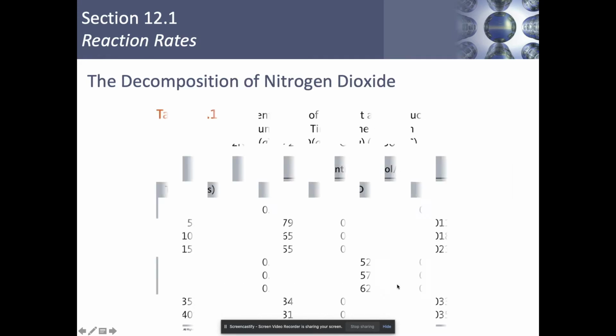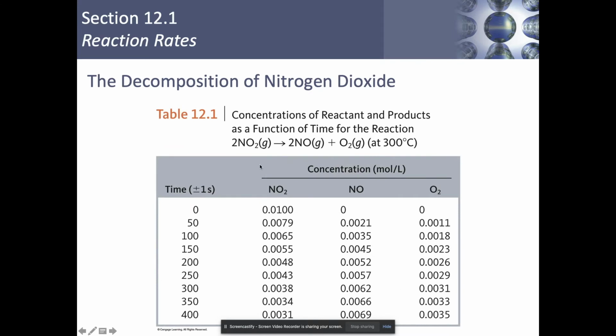So let's look at a decomposition reaction where we're looking at nitrogen dioxide turning into nitrogen monoxide and oxygen gas at 300 degrees Celsius. So this is some data that you would be able to find or collect about the decomposition rate of nitrogen dioxide.